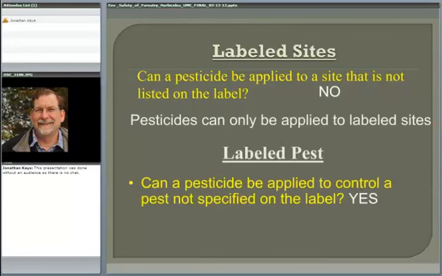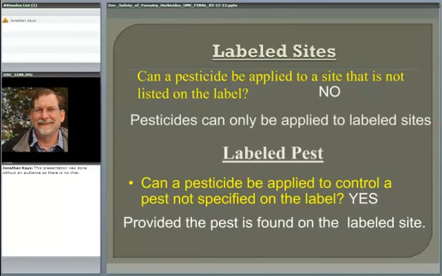Now another question that comes up is, can a pesticide be applied to control a pest that's not specified on the label? And the answer to that is yes, provided the pest is found on the labeled site. An example would be, let's say we have a herbicide that is labeled for forest.